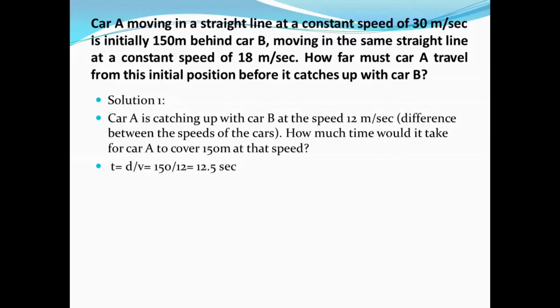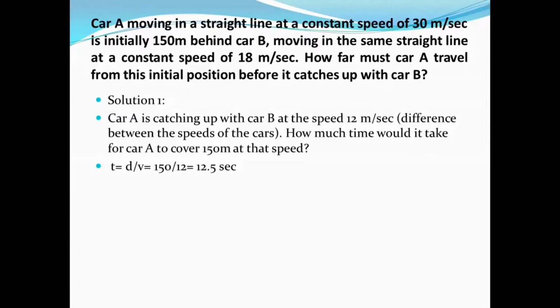In the equation s is equal to ut plus half at square, a will be 0 and u will be equal to v. So s or d is equal to v into t or u into t. From that we can write that time is equal to distance upon velocity.